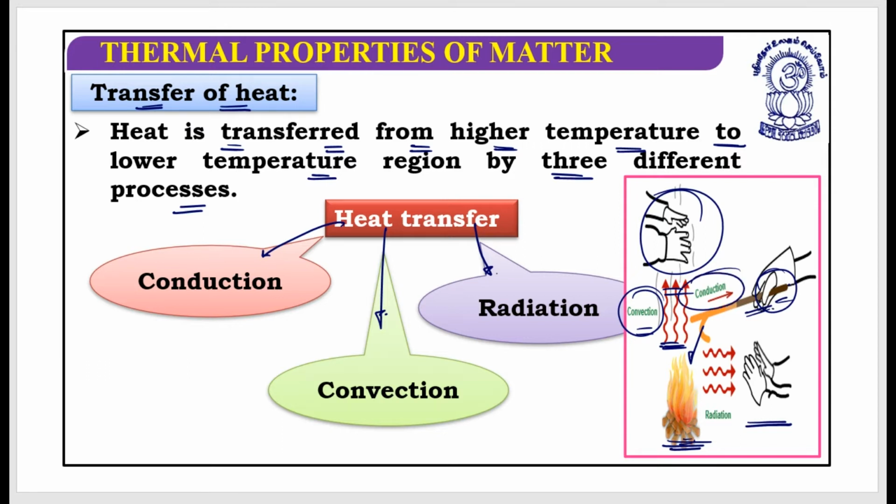This is what we understand as conduction. And if you have kept your hand over here, this is what we call radiation. According to the planning, we are going to cover convection first, then conduction, and at last radiation.